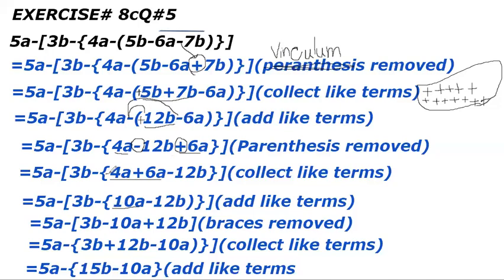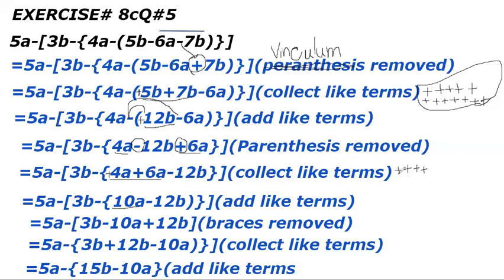4a means a positive 4a and positive 6a. Positive 4a means positive a 4 times: 2, 3, 4. These 4 positive signs mean positive 4a.